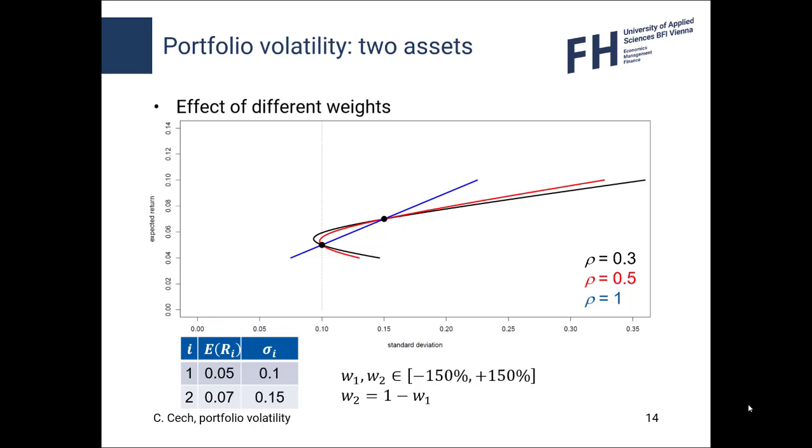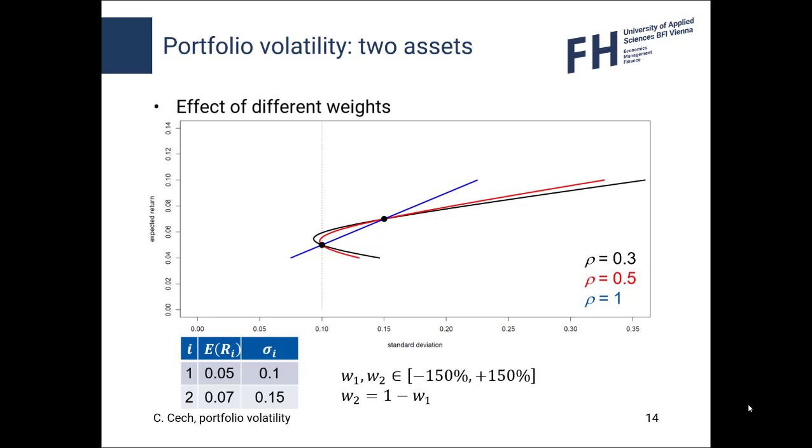I have used weights going from -150 to +150% for the respective assets. How can I interpret a weight that is negative? Well, this is a short position.